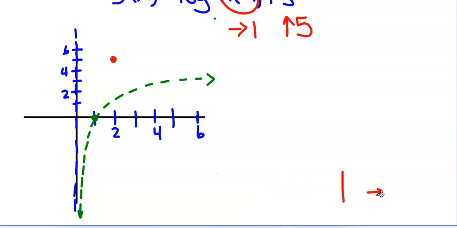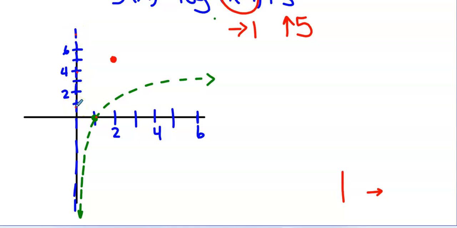Now, from that point, when it comes to our asymptote, if you look at the green line, the parent function, one spot behind that point of 1, 0 is the asymptote. So 1, 0 here. One spot behind that is your asymptote. This part right here, the blue line.